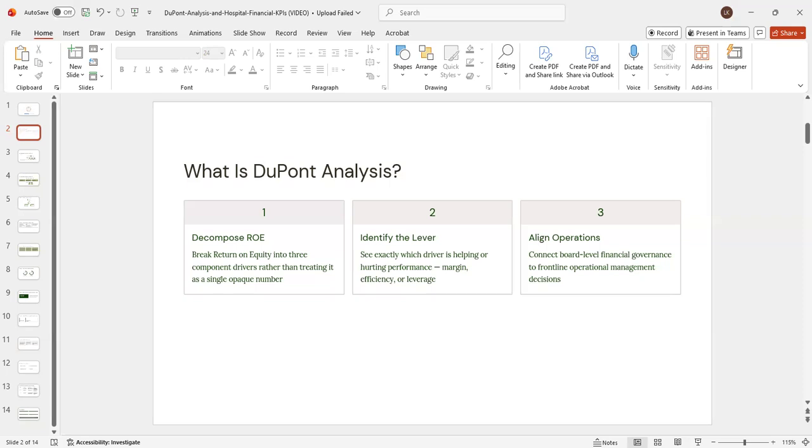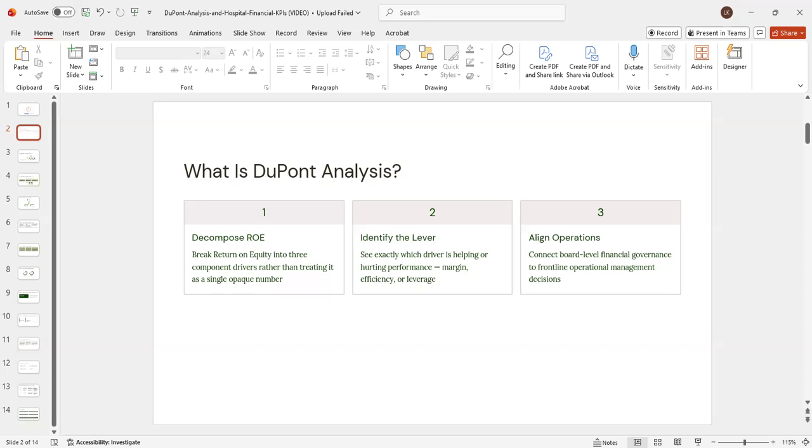Now, I know that you may not be familiar with some of these measures, so we will go into these metrics more carefully. But before I go there, I'm just going to talk a little more about how this entire framework came about. This framework, which is called the DuPont Analysis, was developed in the 1920s by the DuPont Corporation.